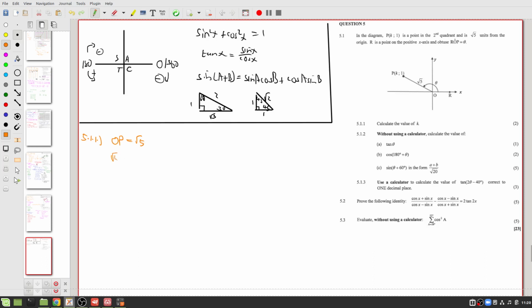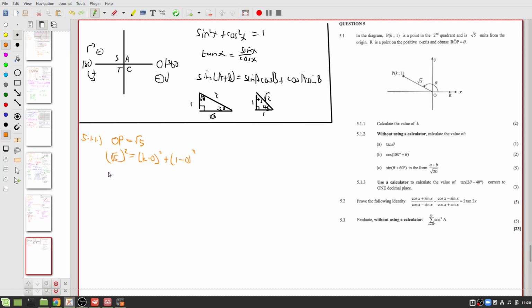So we can say that distance squared, so OP squared, equals, and then we just do the distance formula for OP. So k, the x value minus the x value, the difference between the x values, so that's (k minus 0) squared, plus (1 minus 0) squared, the difference between the y values, squared.